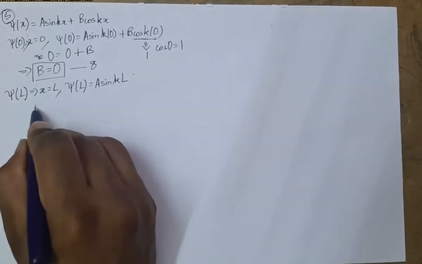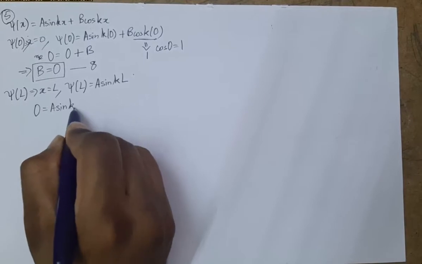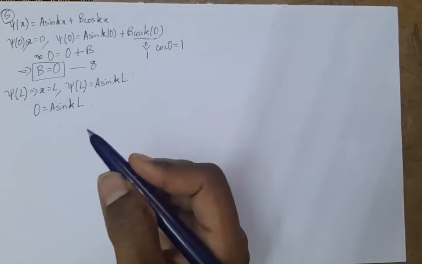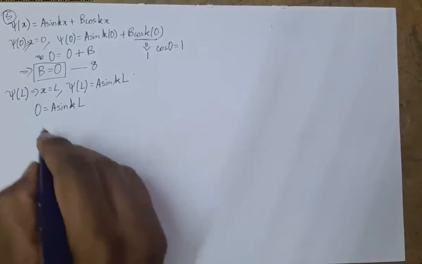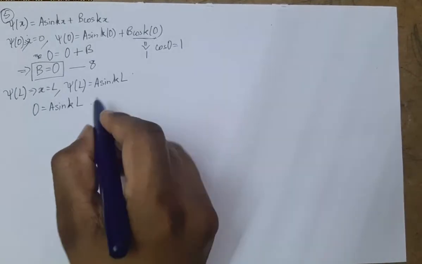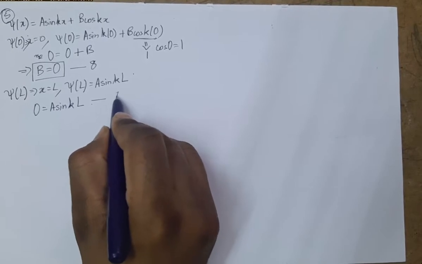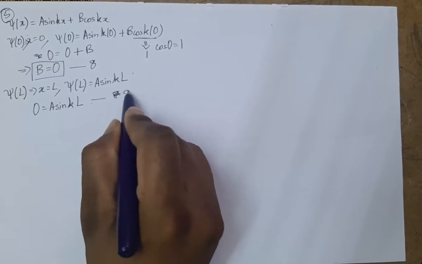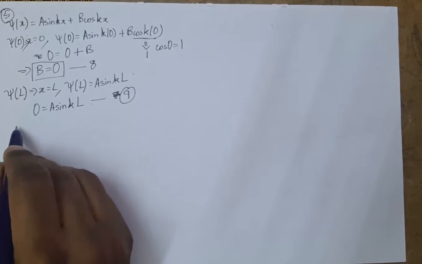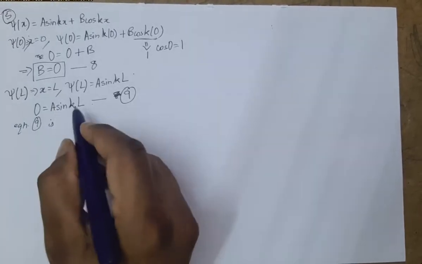So this also means 0 equals a sin KL. For some values of KL this is possible. Let's call this equation 9.